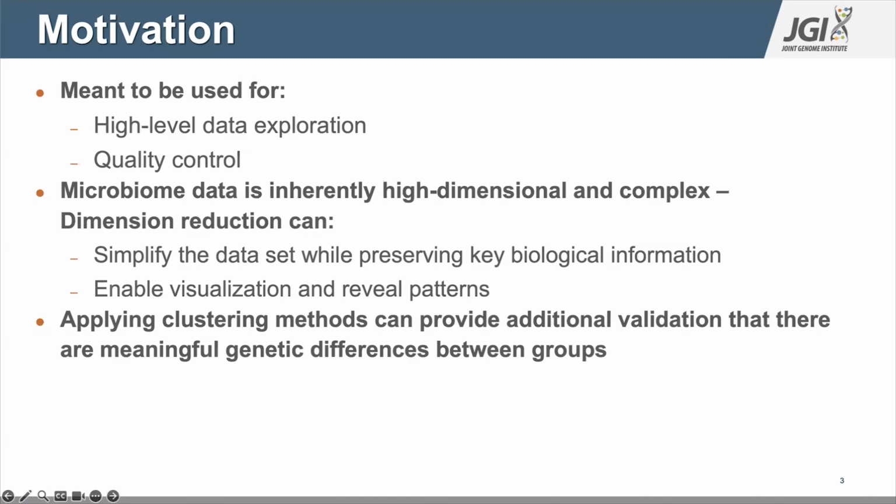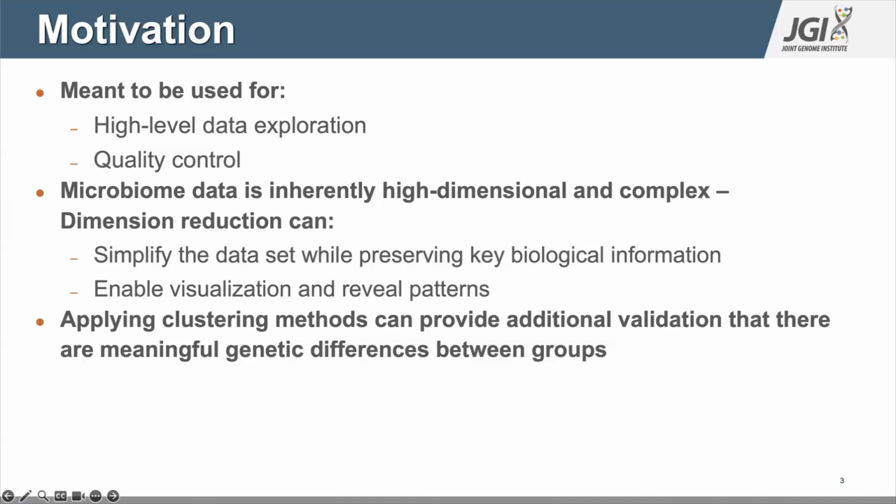Microbiome data is inherently high dimensional and complex, and with dimension reduction methods, we can simplify the data set while hopefully preserving key biological information, and we can enable visualization and reveal patterns. And as a side note to that, enabling visualization is a very common goal of dimension reduction in all contexts, not just microbiome analysis.